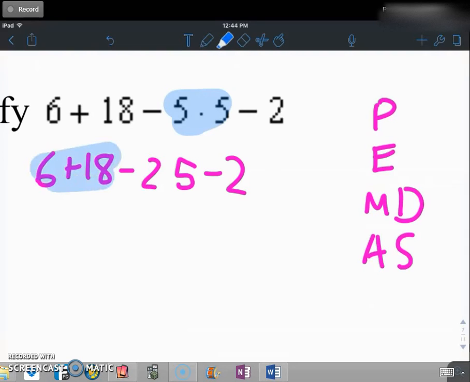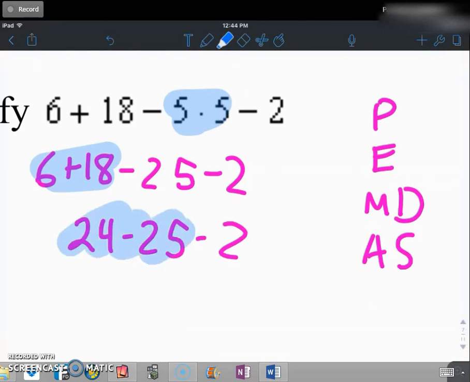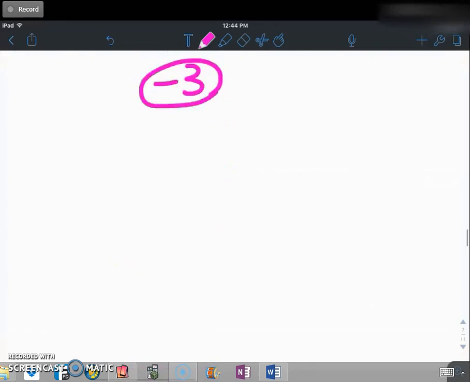So I'm going to do 6 plus 18. 6 plus 18 is 24. 24 minus 25 is negative 1. And negative 1 minus 2 is negative 3. If you're struggling with the negatives, we're going to spend a whole day on adding and subtracting, multiplying and dividing positive and negative numbers.